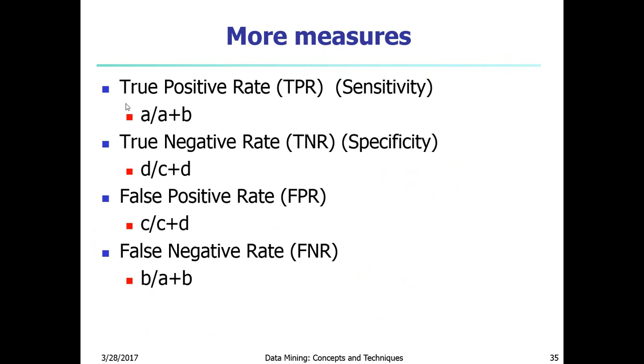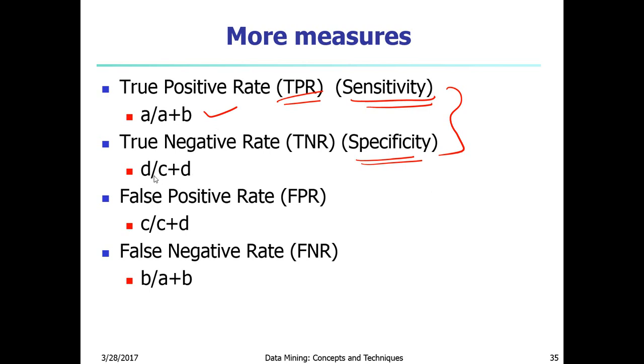There are more measures. You have already understood what true positive rate is, TPR. It's A by A plus B, also known as sensitivity. Then true negative rate is known as specificity. These two numbers are used to measure the ROC value. So if you're using ROC, you do not have to look into all these things. But sometimes, if you're really looking out for only the true positive rate, then evaluating a model with TPR is a better measure.